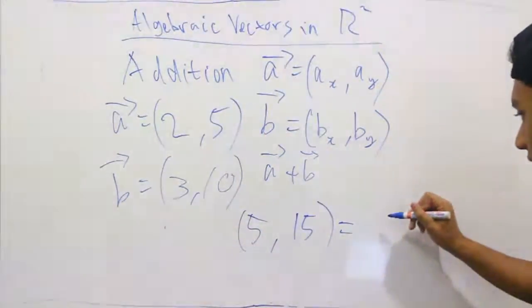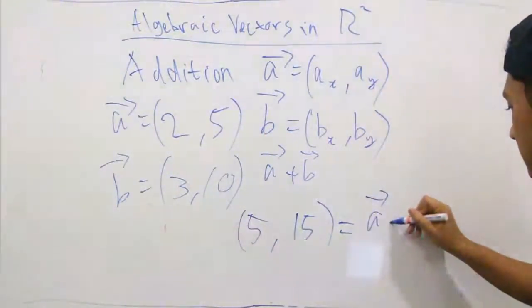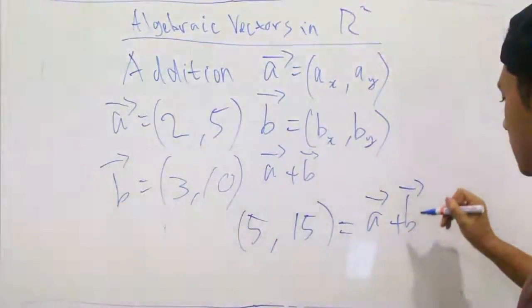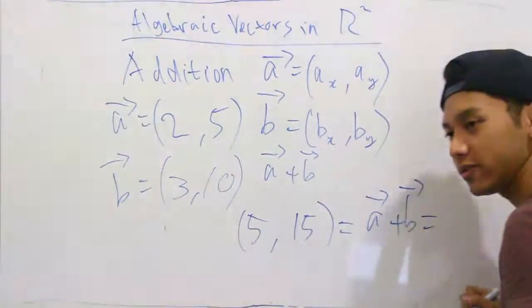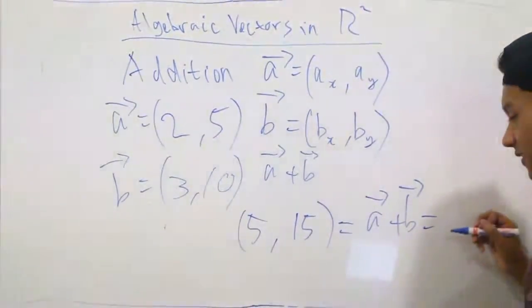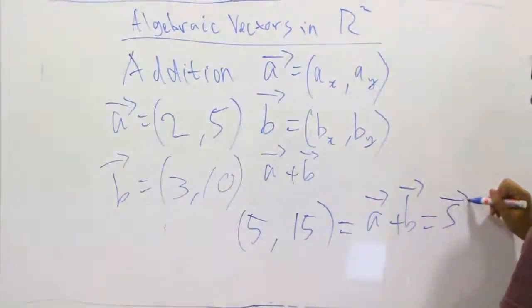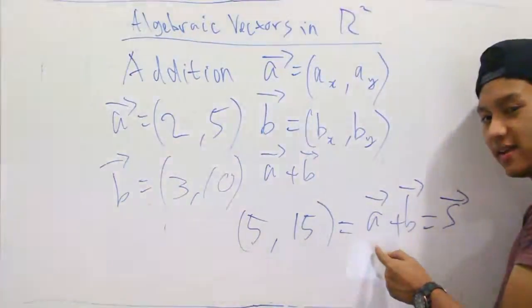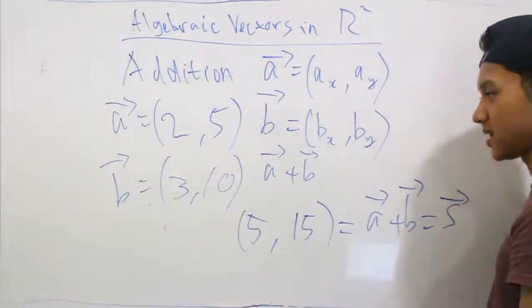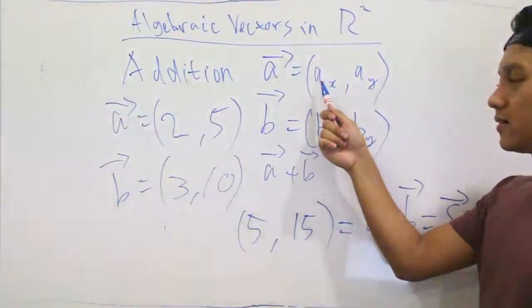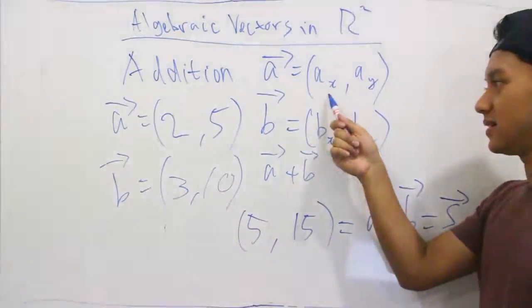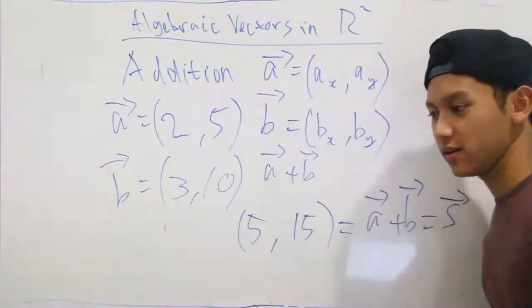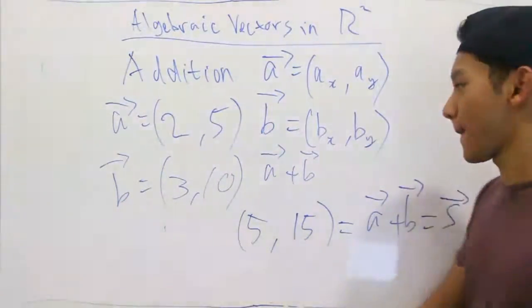This is the new coordinate of vector A plus B. We can name this vector with any letter, such as vector S. Vector S is vector A plus vector B. Remember, add the same coordinates to find the new X and Y coordinates.